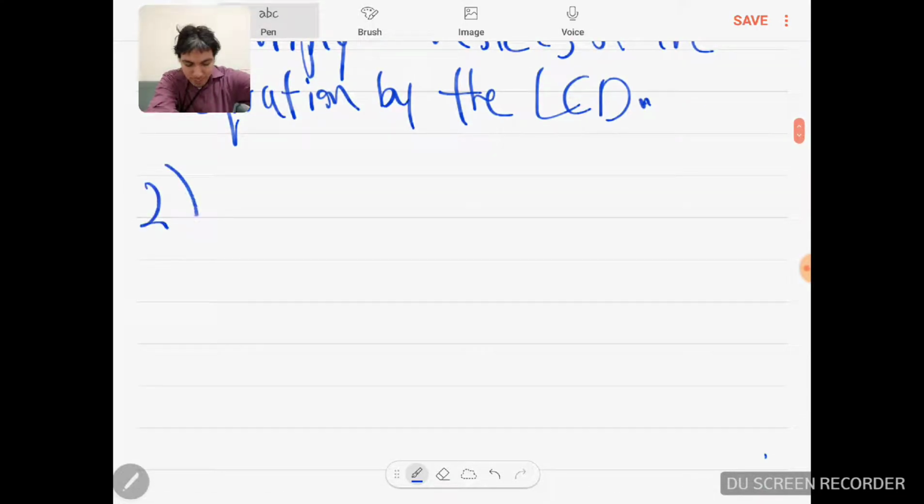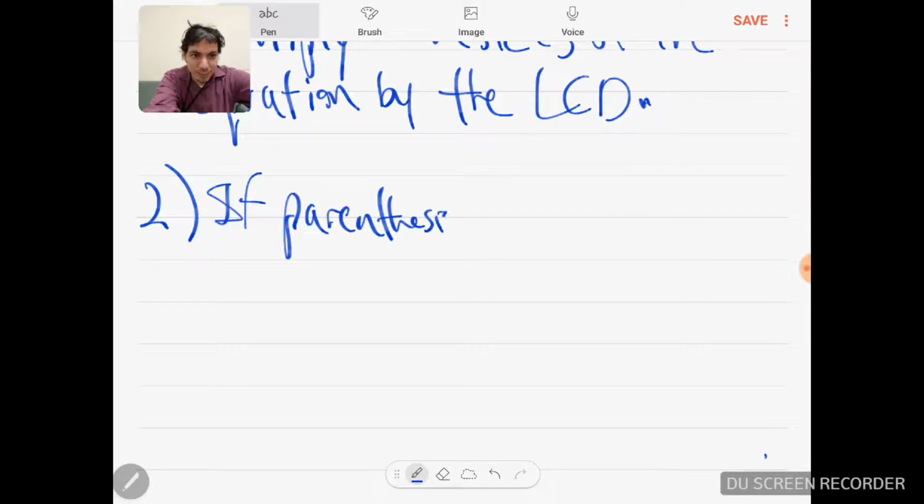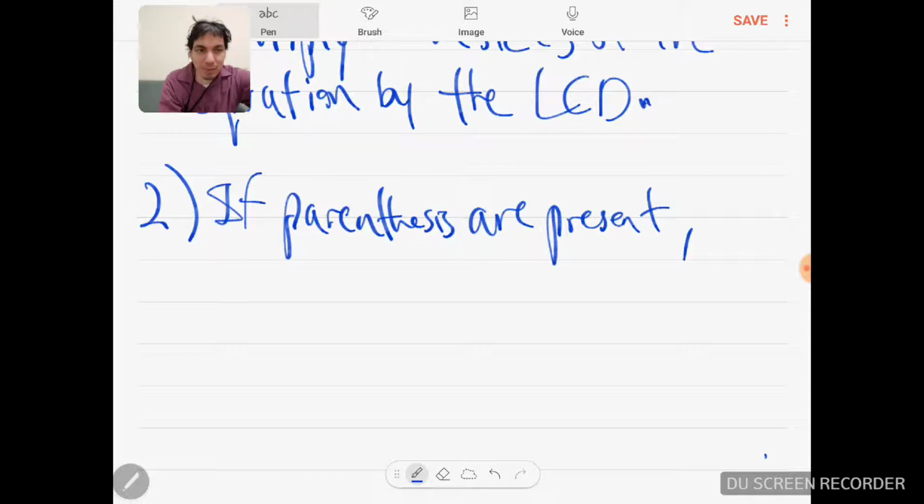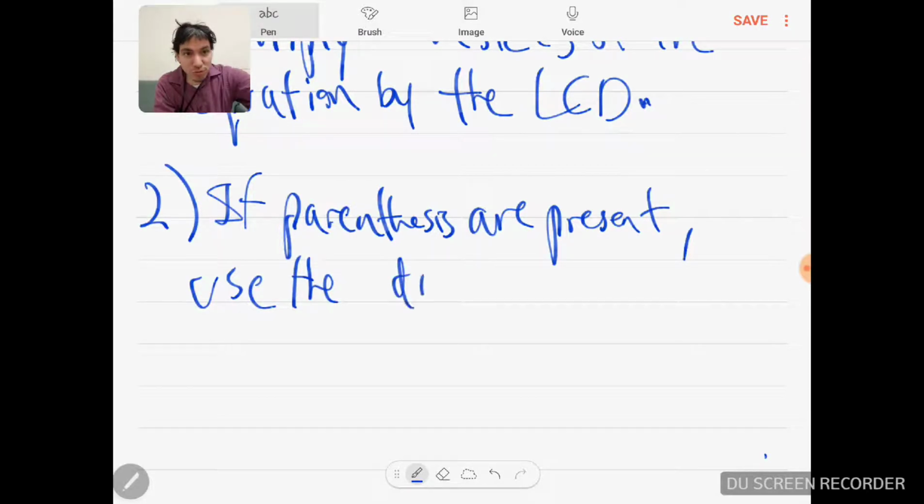Number two, if parentheses are present, use the distributive property.